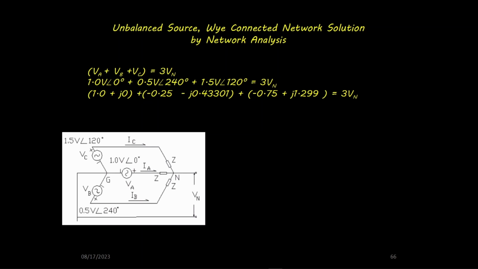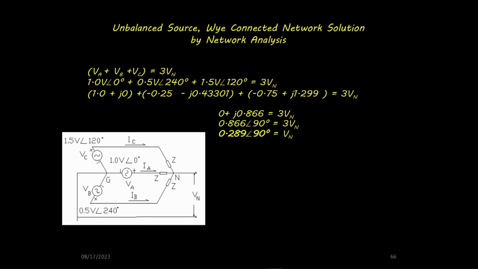Summing the terms and converting back to polar form, 0 plus j0.866 equals 3VN. 0.866 at 90 degrees equals 3VN. VN equals 0.289 at 90 degrees.